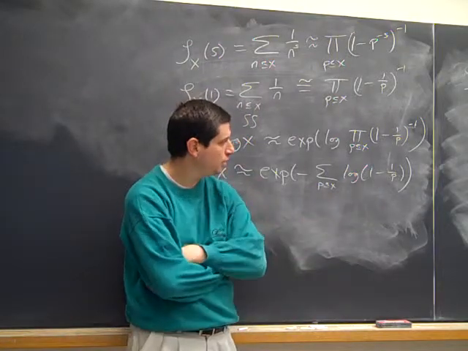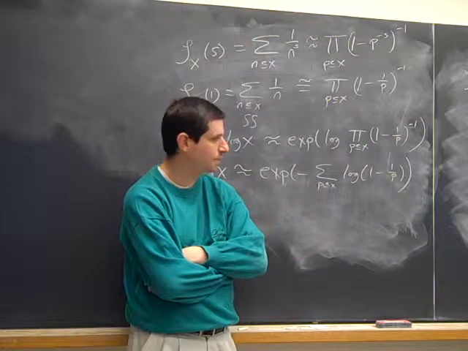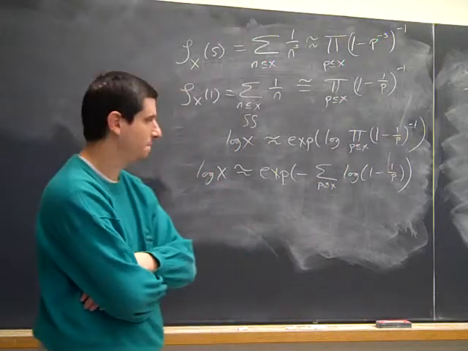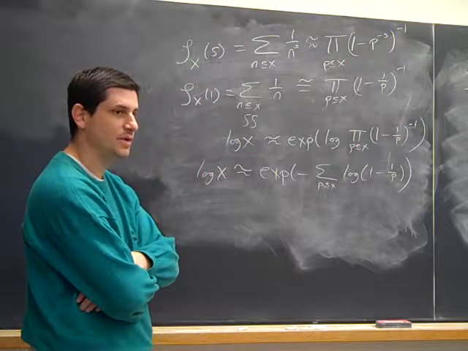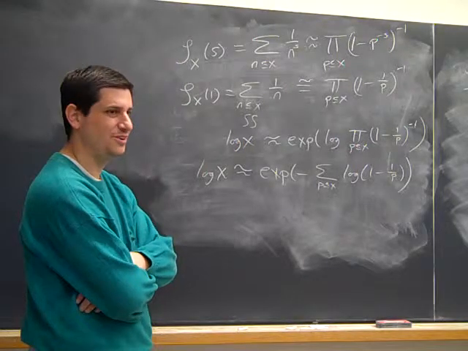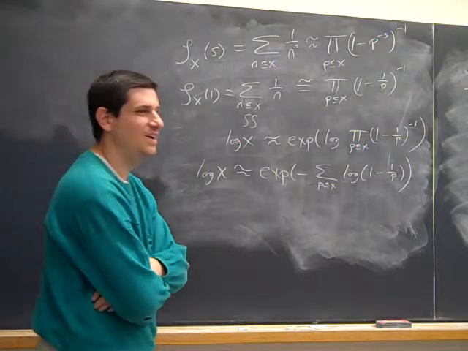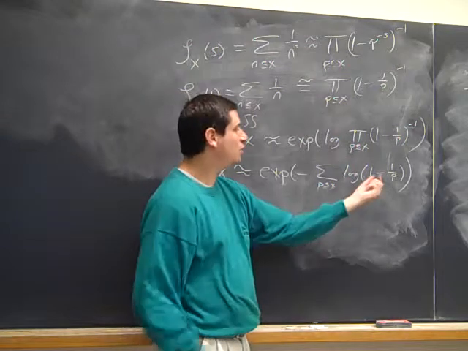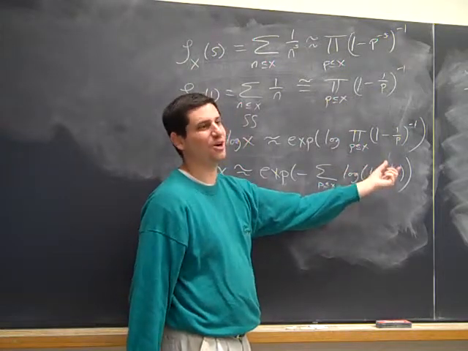Approximately, what's the log of 1 minus 1 over p? Just think of the terms. It's not approximately 1 over p.